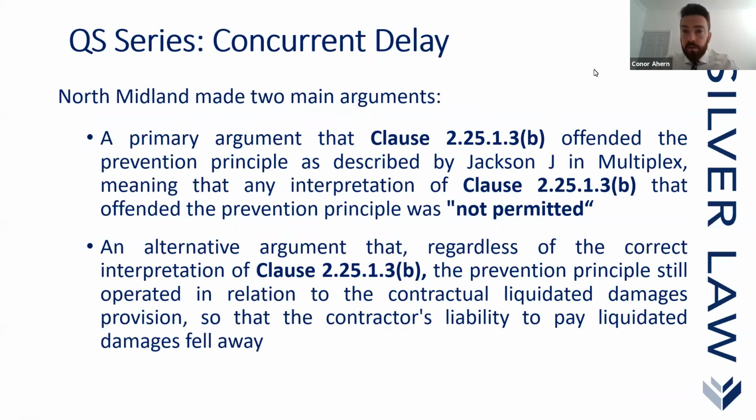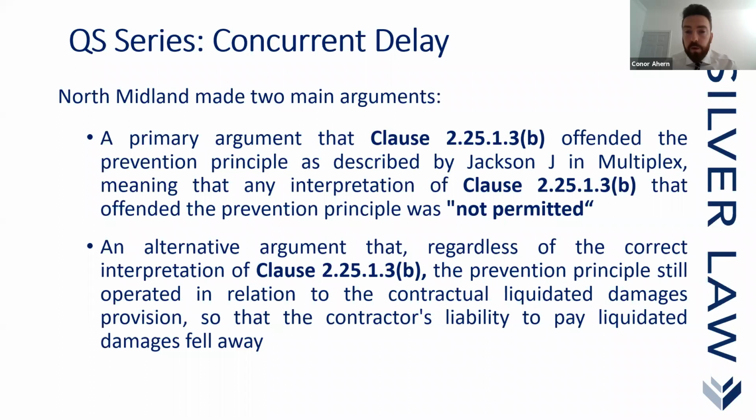And basically North Midland made two arguments when they proceeded to the TCC. Now, their primary argument was that the amendment offended the prevention principle as described by Justice Jackson in Multiplex, meaning that any interpretation of clause 2.25.1.3b that offended the prevention principle was not permitted.